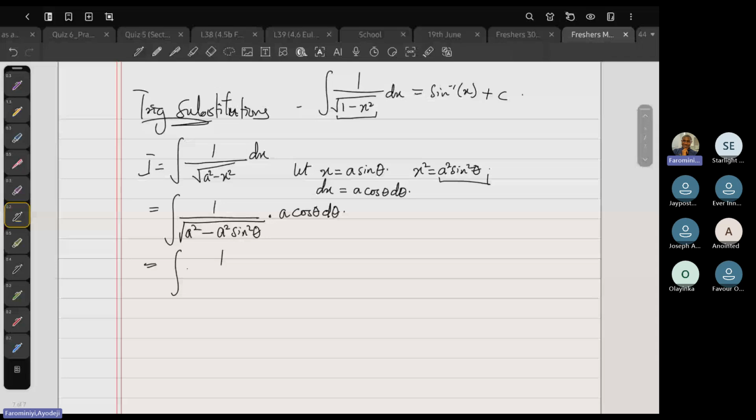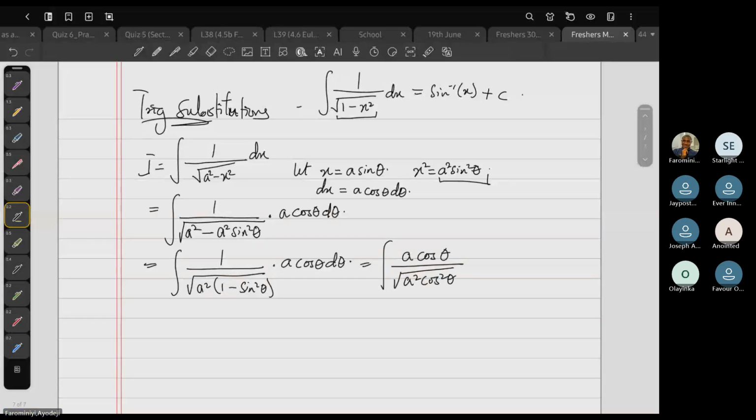So this would be square root of a squared times 1 minus sine squared theta times a cos theta d theta. And this will be equal to, so this is the integral of a cos theta over square root of a squared cos squared theta d theta. Is this still clear?